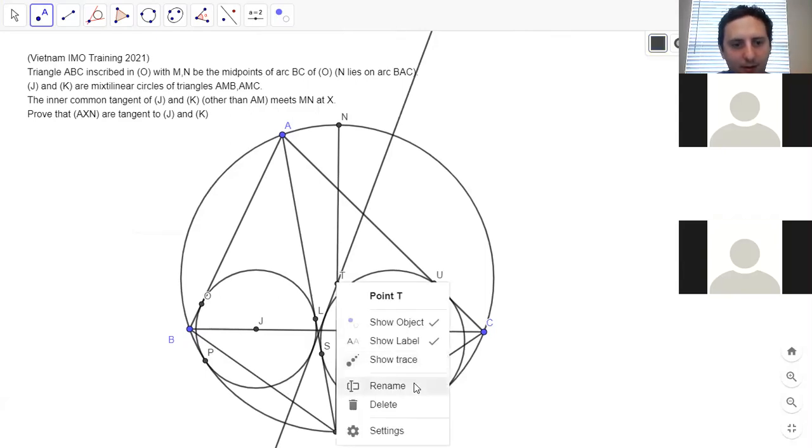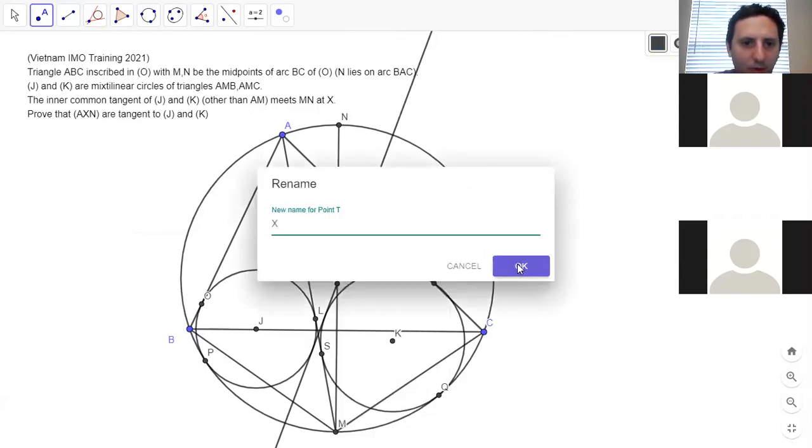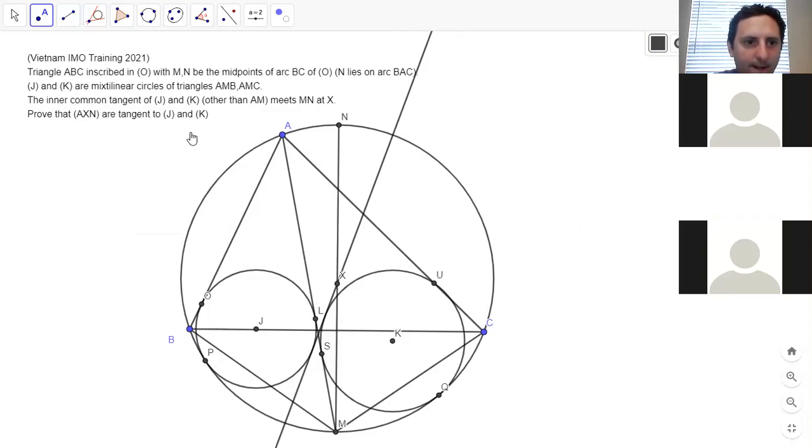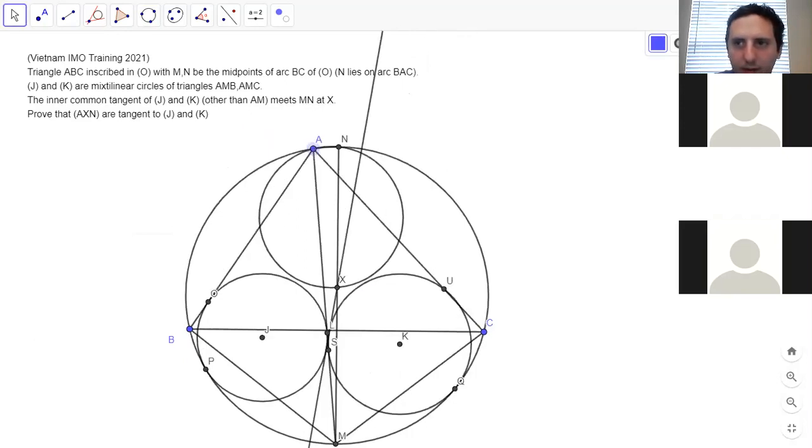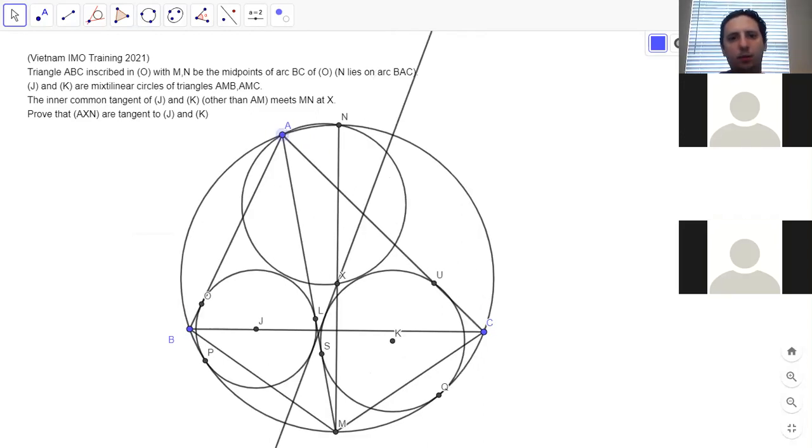Oh, it looks like it is tangent to both of them. That's interesting. Is it? No, I don't think that's right. So is N different? Let me check the chat.